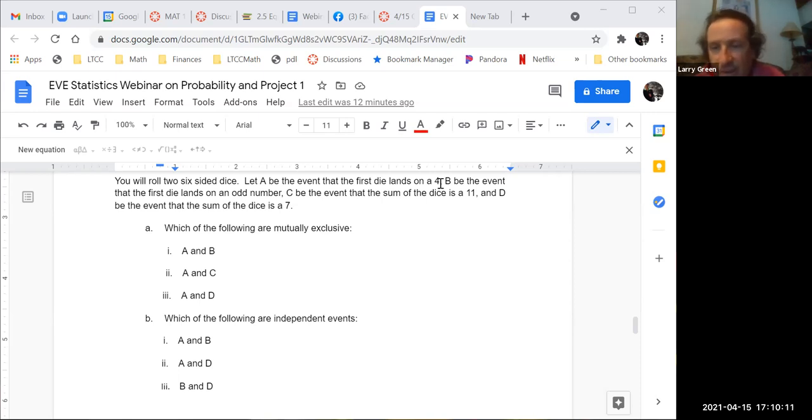All right, so the first question is, which of the following are mutually exclusive? A and B, A and C, A and D. So see if you can tell me which are mutually exclusive. Take a look at the choices and look at the definitions.